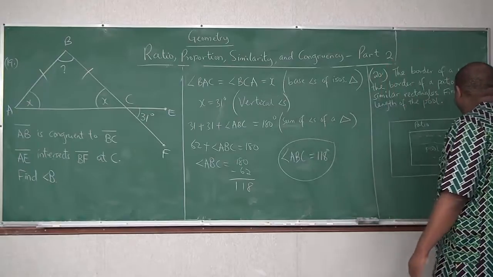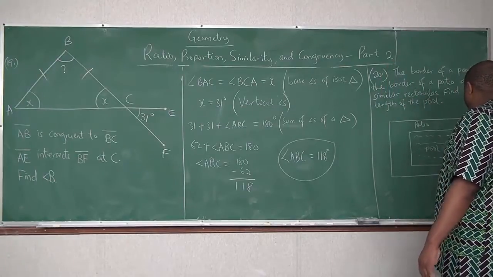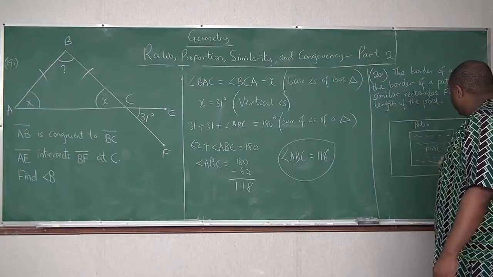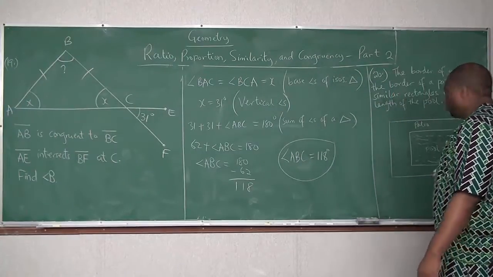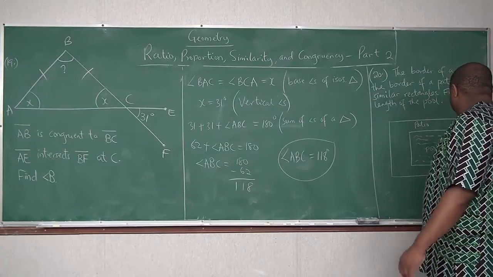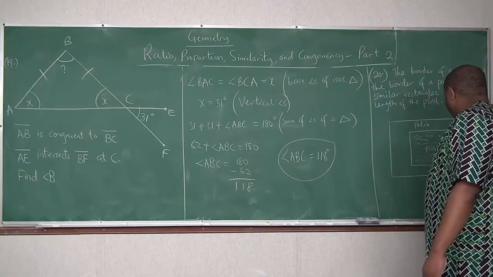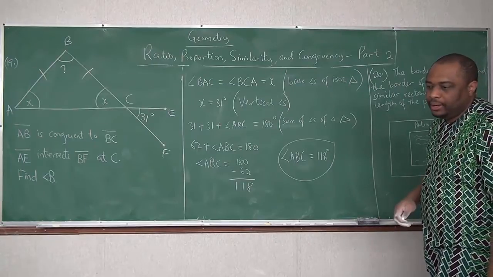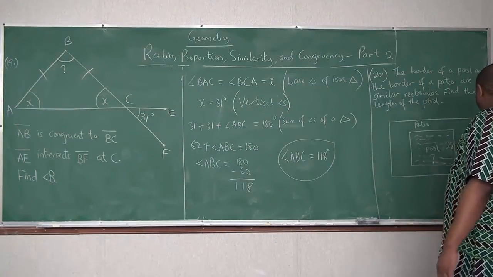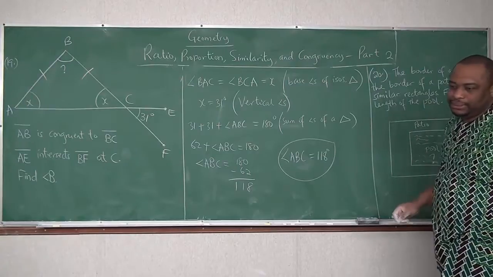They put 28 here, then a question mark here for the pool. We can call it x. They put 40 for the patio, and they put 60 here.